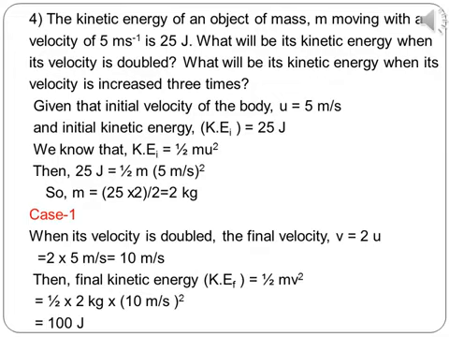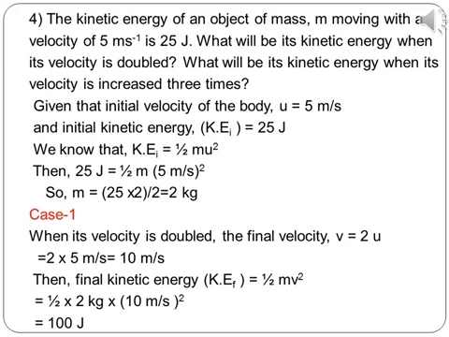Then 25 joules is equal to 1 by 2 into m into 5 meter per second whole square. So, m is equal to 25 into 2 divided by 25, which is equal to 2 kilogram. Then mass of the body is equal to 2 kilogram.